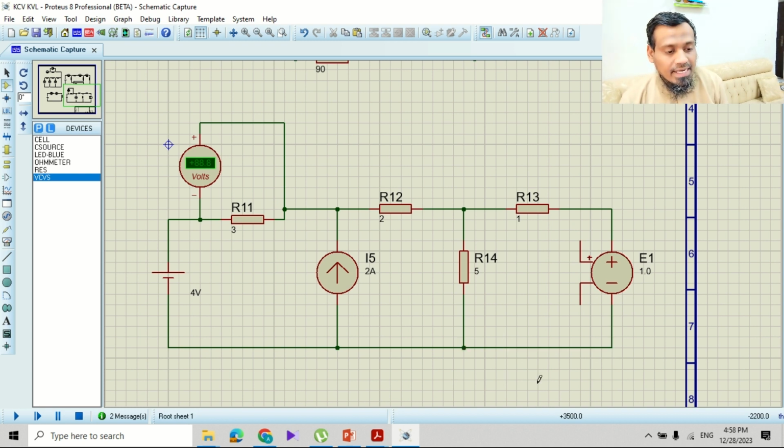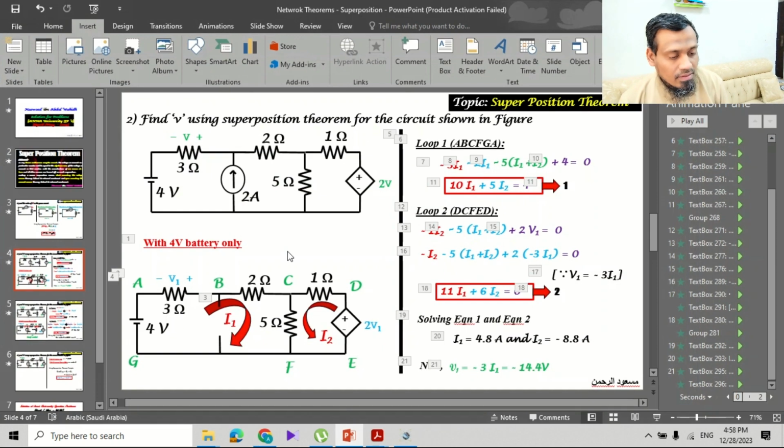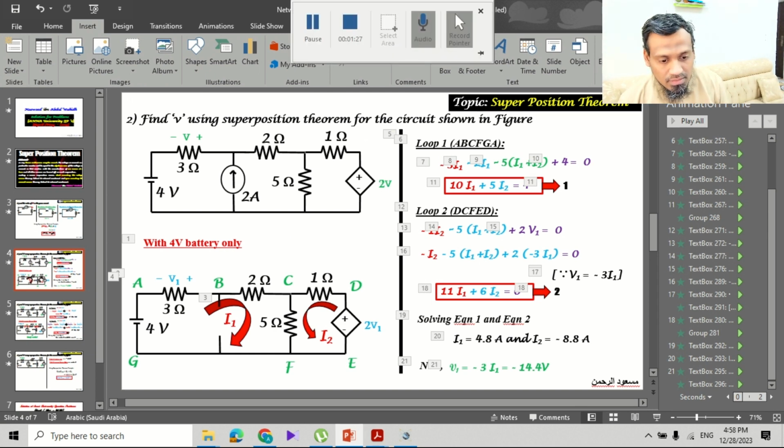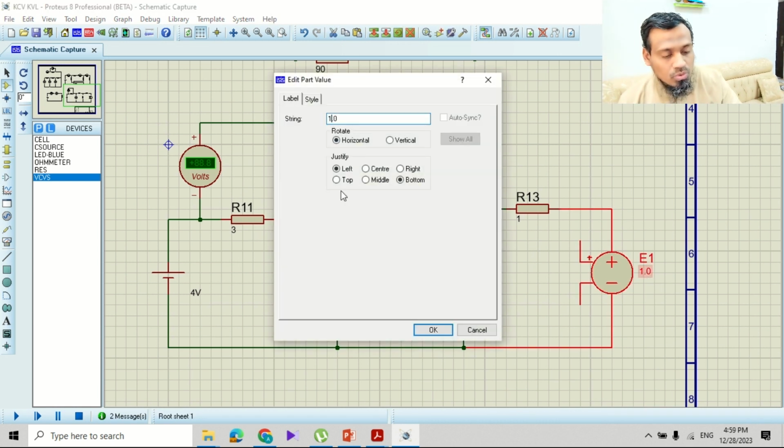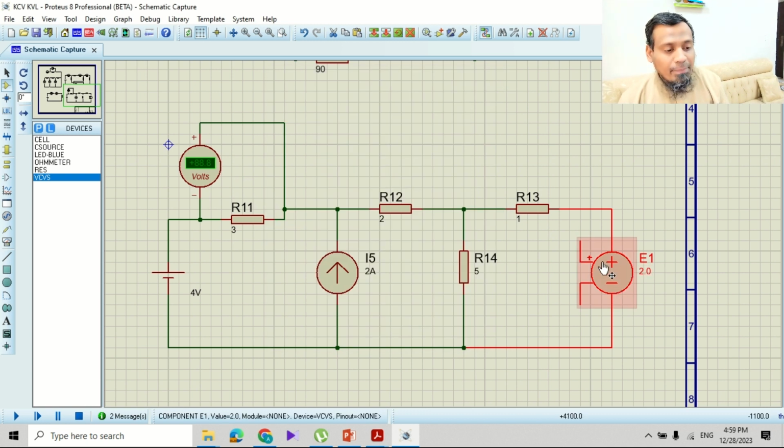Now you can complete the circuit connection. We have completed the connection, and the dependent source has a gain of 2V, so we have to change this one to 2. Now the voltage of this source depends on the voltage across the element, so we have to connect these two terminals across the 3 ohm resistance.